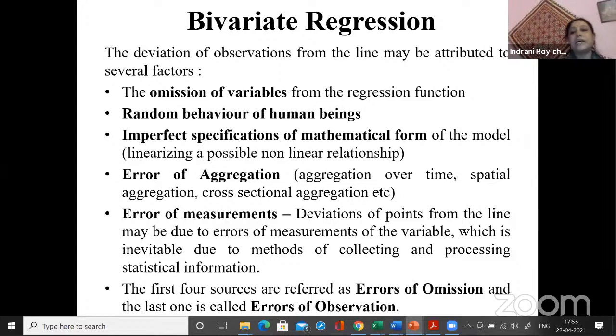So sometimes, when you are going and seeking information from, say, a sample survey, the enumerators are going door to door and asking for the relevant information. The responses may be different from the same individual asked at different points of time.